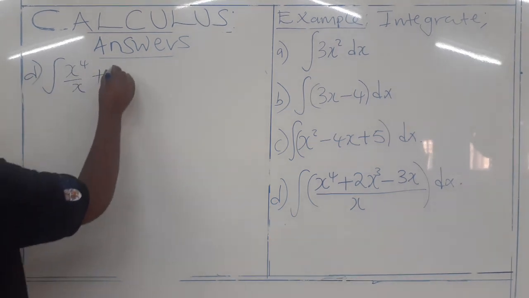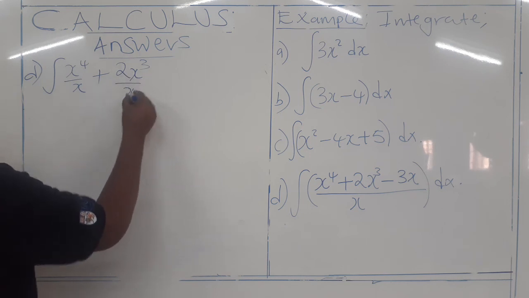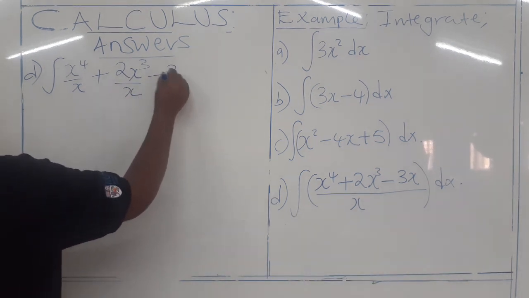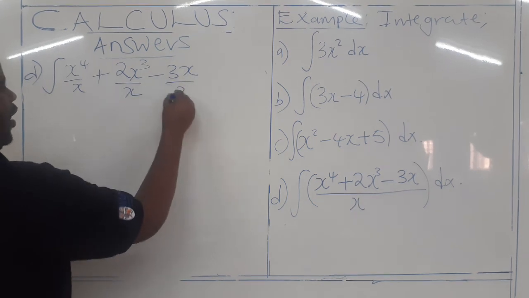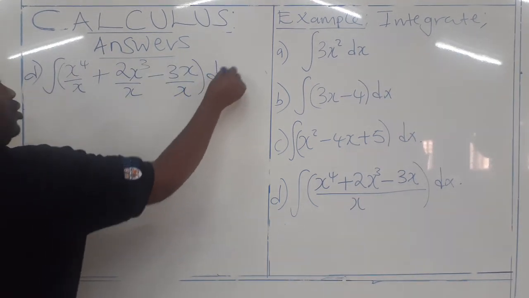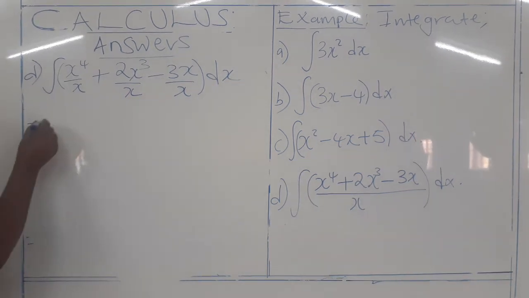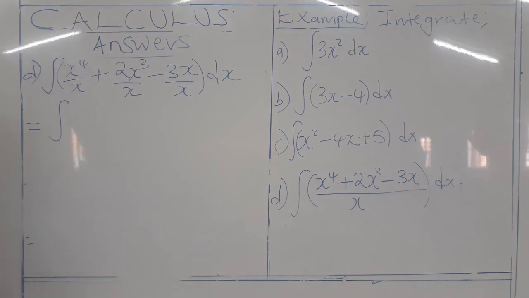Plus 2x to the power 3 divided by x. Minus 3x divided by x. And we are integrating everything with respect to x. Right? Now here, we are just trying to rewrite. We have not started integrating.